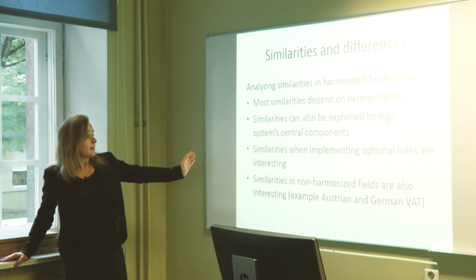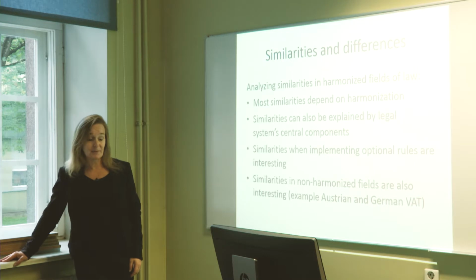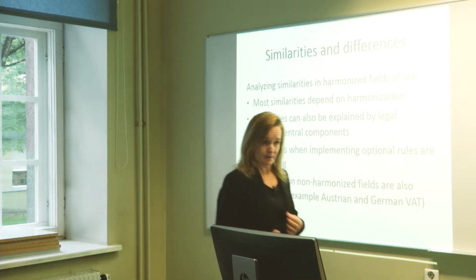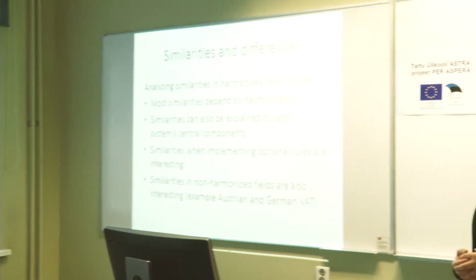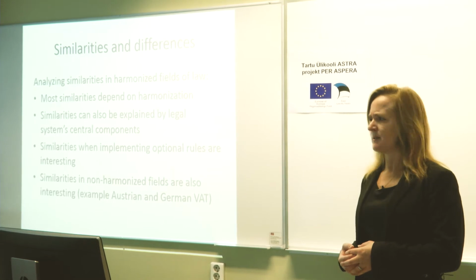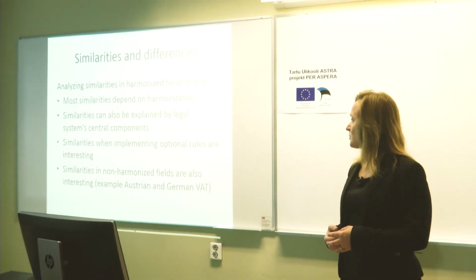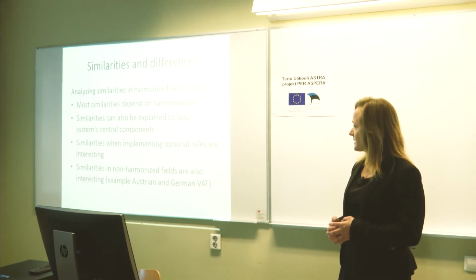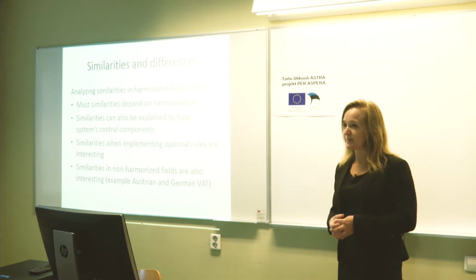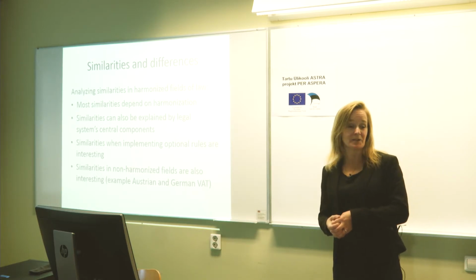Similarities when implementing optional rules are interesting, as I mentioned before. Why do we choose to implement or not to implement the optional rules that we don't have to implement? What is the political background for that? And also similarities in non-harmonized fields are interesting. I gave the example before about the similarities between Austrian and German value-added tax.